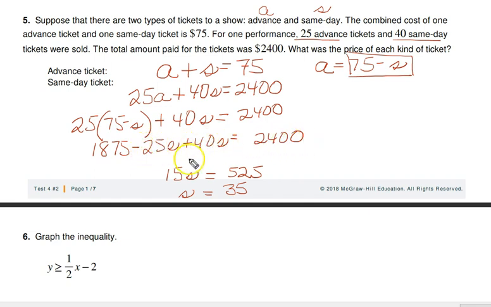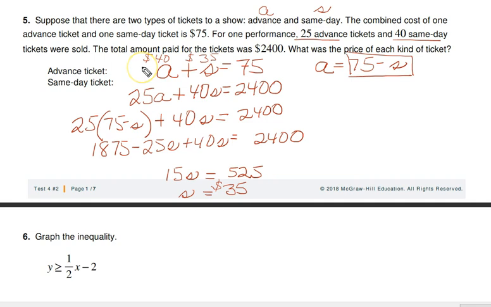I grouped like terms. I got 15S here. I subtracted this from both sides. I got 525. Divided both sides by 15. I get the same day tickets worth $35. And if I subtract 35 from 75, the advance tickets were $40.